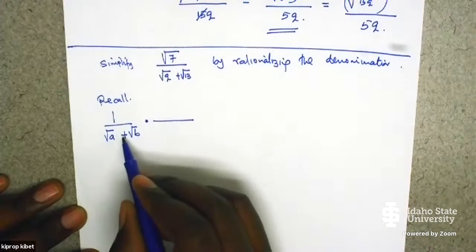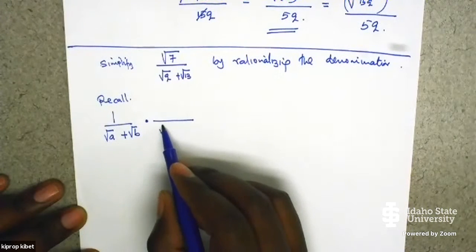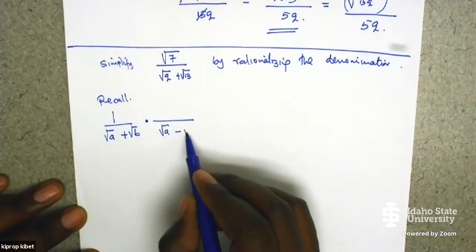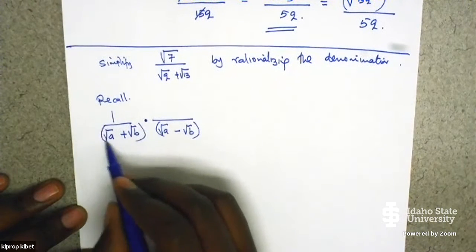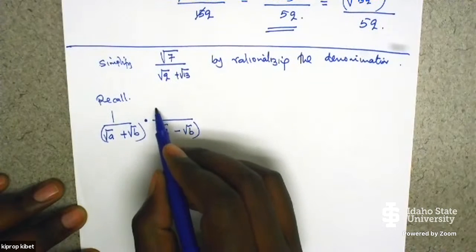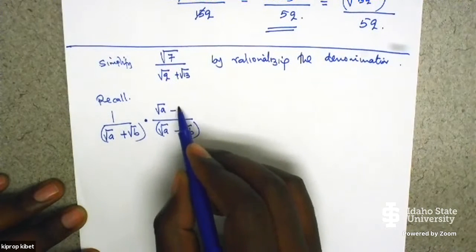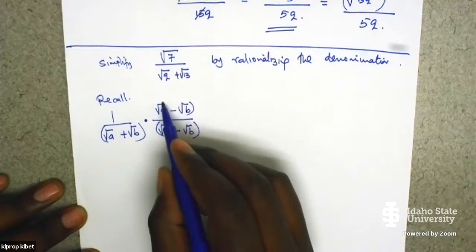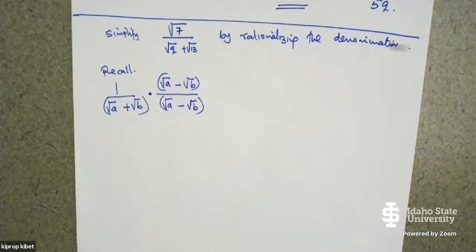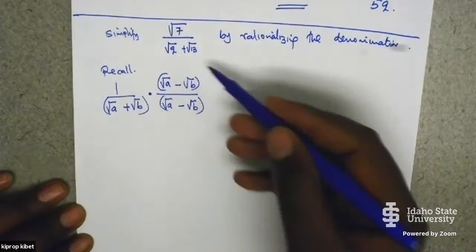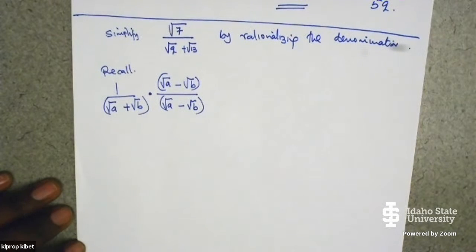The negative of this, the root of a minus the root of b. What you do down here, you do up here, the root of a minus the root of b. So it is similar to just canceling that and you get that one.